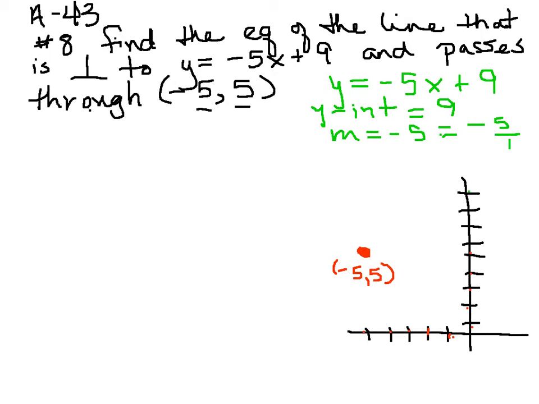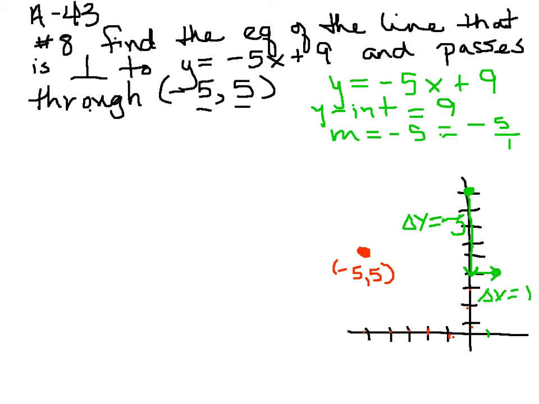So I come up here, there's my y-intercept, and from this point, I'm going to go down 1, 2, 3, 4, 5. So that's my change in y, which is equal to negative 5. And then I'm going to go over 1 here, and there's my change in x, which is 1.